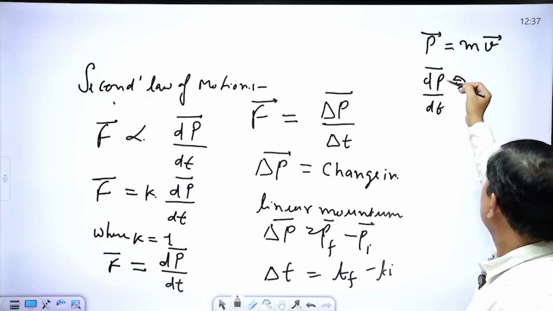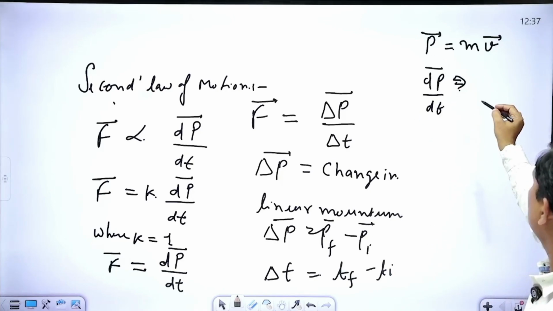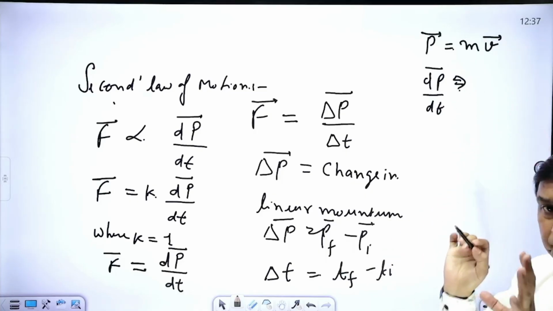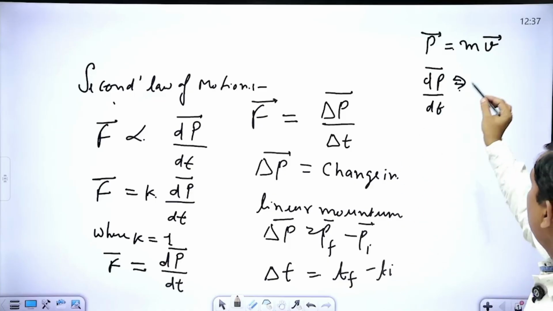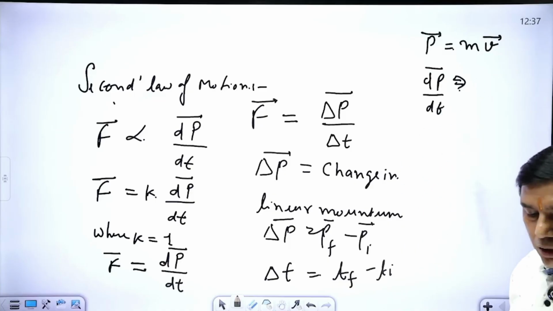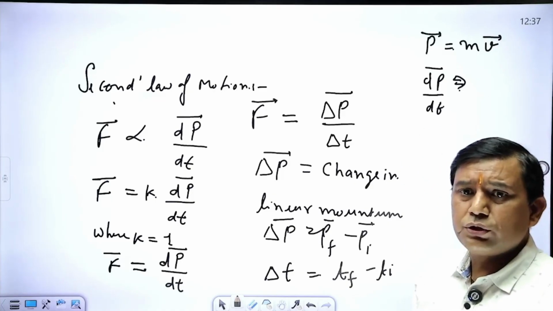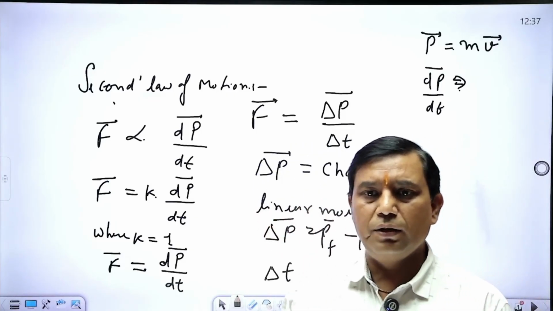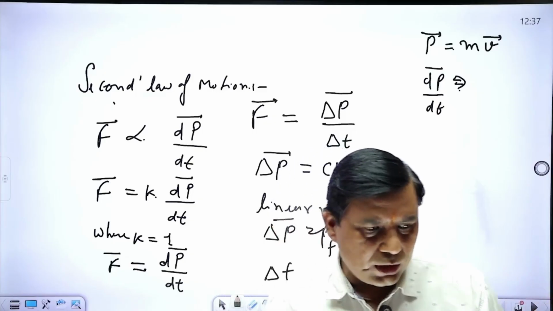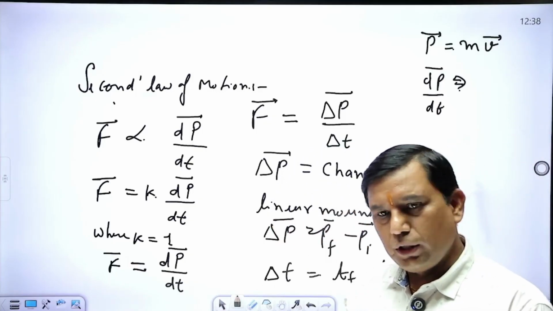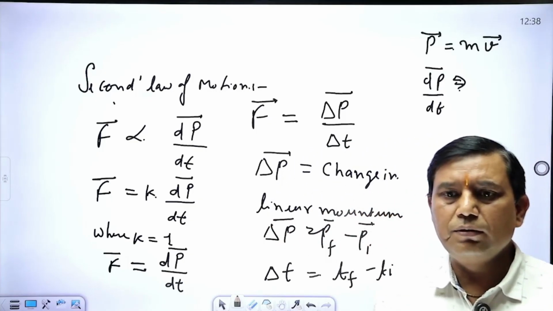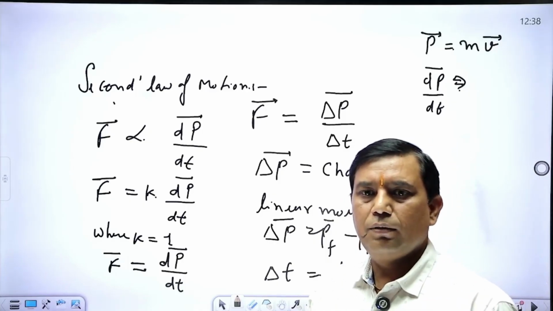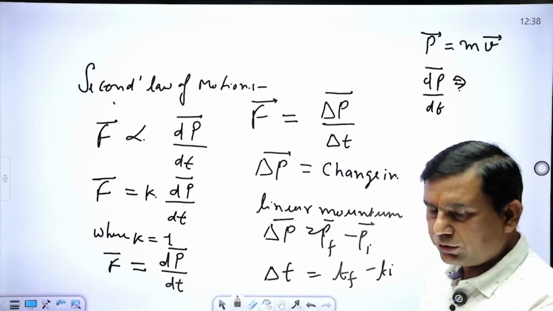Now dp upon dt: linear momentum depends on two quantities, mass and velocity. When mass is constant and velocity changes, we can find the derivative with respect to velocity. When velocity is constant and mass changes, we can find the derivative of mass.